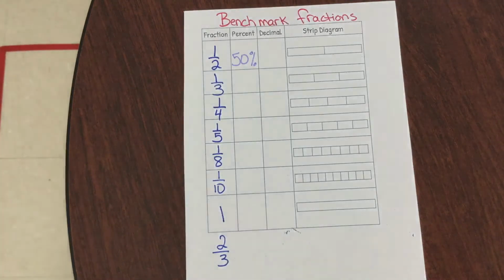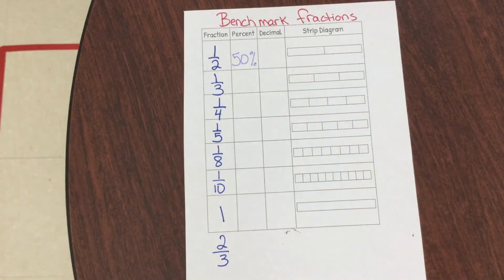All right, what is that as a decimal? I try to think about it as money, because decimal to me, I see money. So tell me what 1/2 is as a decimal. No, think about money. If I have half of a dollar, how much money do I have? 50 cents.